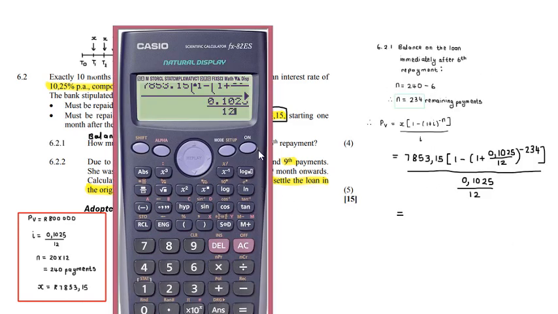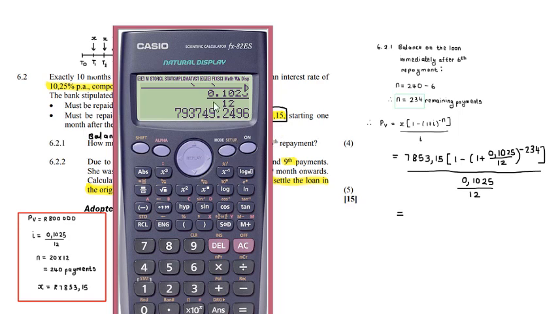When we work that out in the calculator, we get that after making 6 payments of 7,853 Rand and 15 cents, Jane still owes 793,749 Rand and 25 cents. We are going to have to use this amount in the second question, because this is what she was owing after her sixth repayment, but after that she missed some payments.